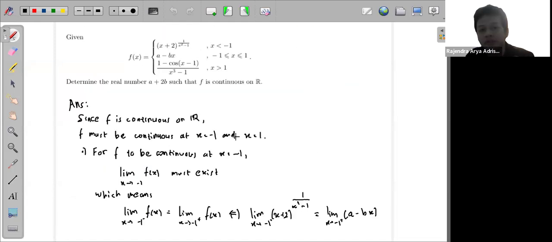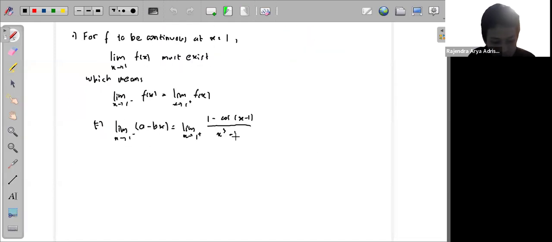Okay. Now we just simplify this equation again, plug in 1 here, we get a minus b, and the one on the left, not so simple, okay?